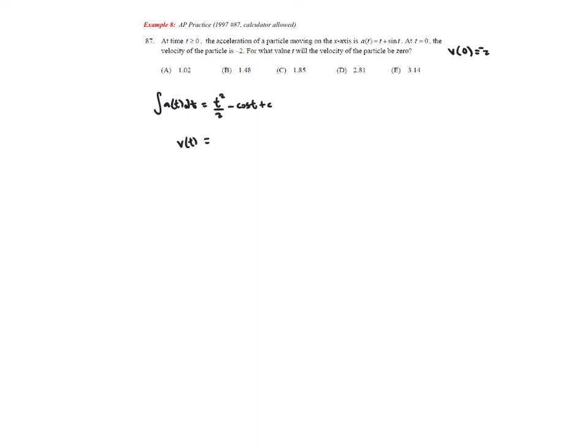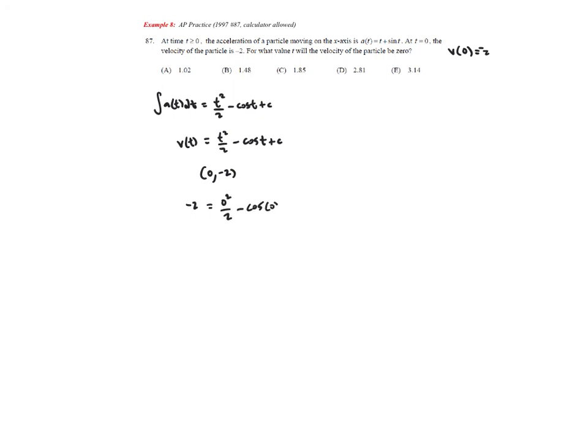So I'm going to say a general equation for the velocity function would be t squared over 2 minus cosine of t plus c. Now using this condition that v of 0 equals negative 2, plug a negative 2 in here and a 0 in for t.